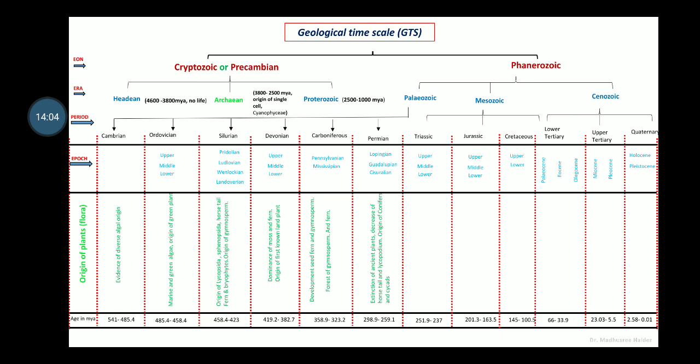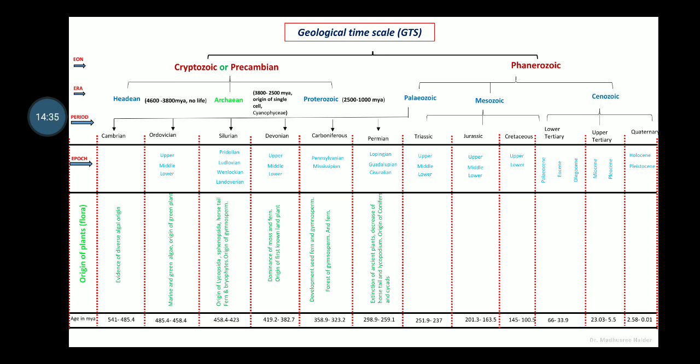In the Permian period, that is the end of the Paleozoic era, here is the origin of some conifers and cycads, that is the ancestor of today's pine and cycas, and extinction of ancient plants and decrease of the horsetail, fern and lycopodium.